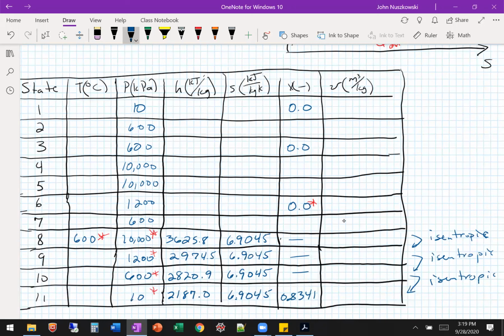We could get enthalpy for the other states that we know.